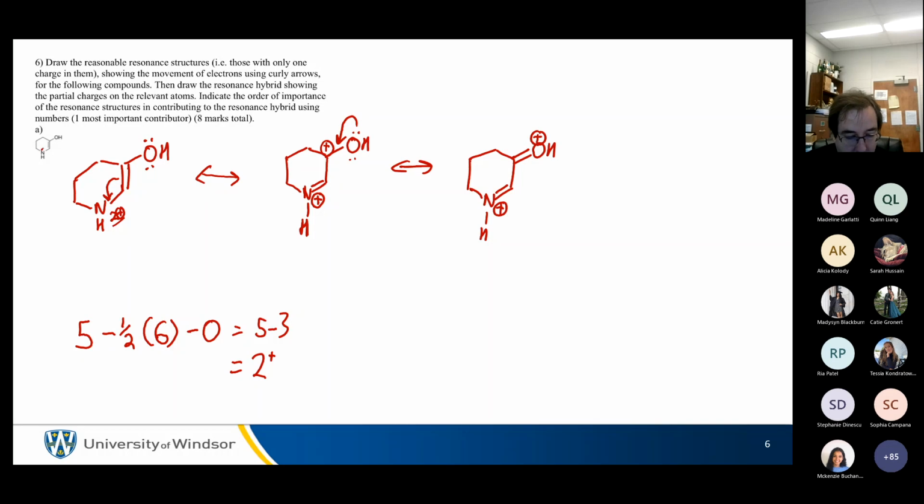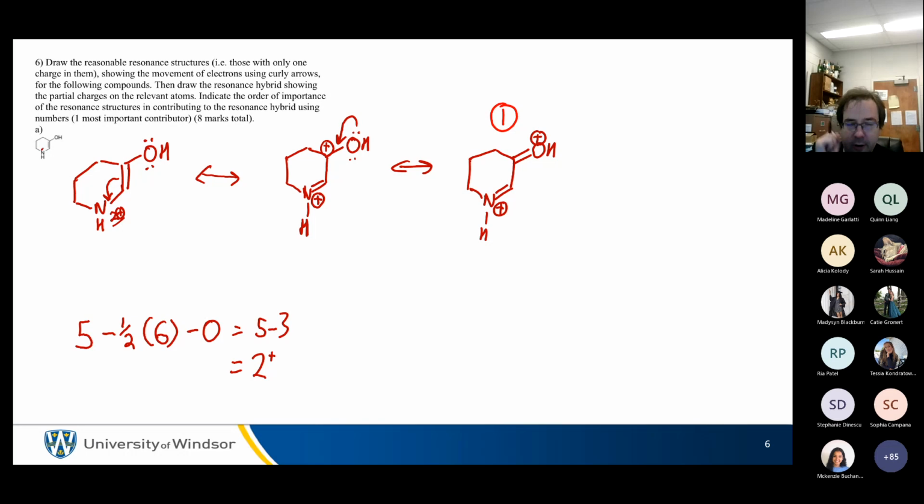So this is quite clearly an absolutely insane molecule. If we're trying to rank the resonance structures of this absolutely insane molecule, the one that is the best is this guy here. Why? Every atom has its full octet.